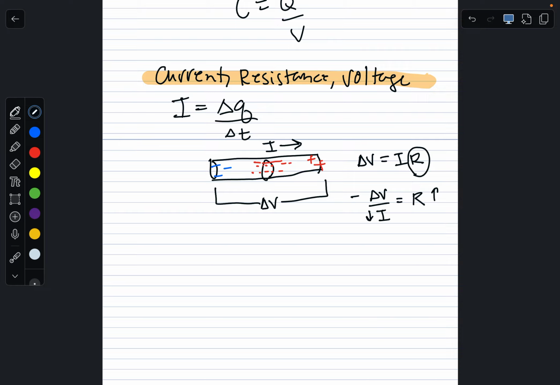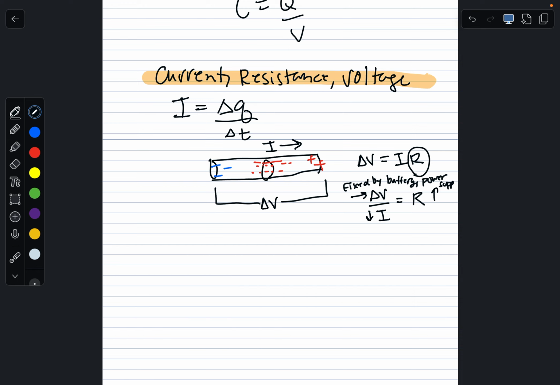This potential difference is usually fixed by the battery or the power supply, not a capacitor, because the potential does change as the capacitor loses its charge in a circuit. So delta V is constant, fixed. If you put in different materials of different resistances, they're only going to allow so much current to pass through depending on how big the R is.